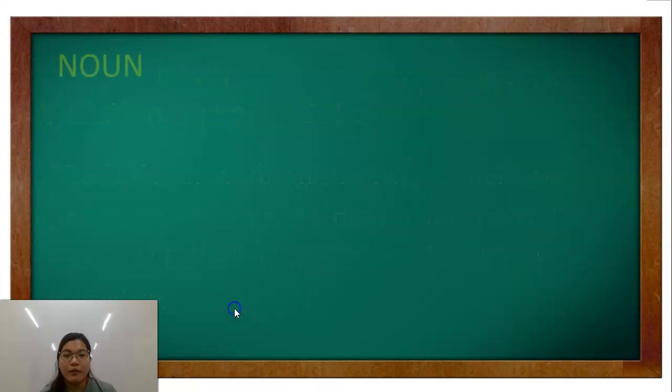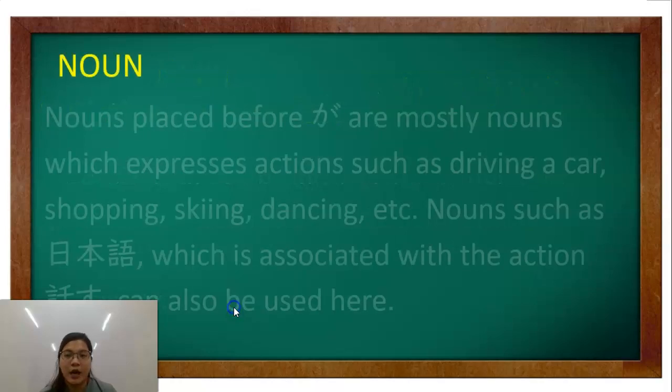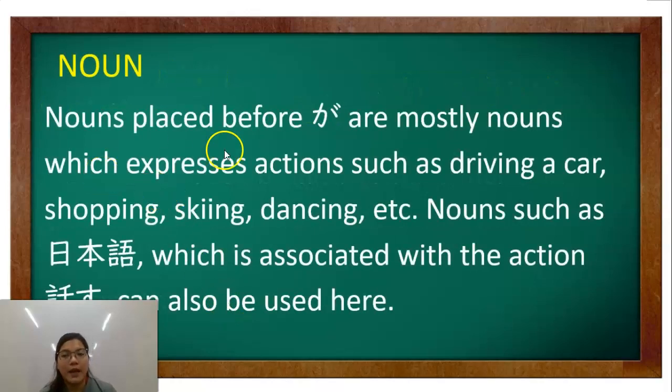Okay? For example, the noun. Nouns placed before ga are mostly nouns which express actions such as driving a car, shopping, skiing, dancing, etc. Nouns such as nihongo, which is associated with the action hanasu, can also be used here.